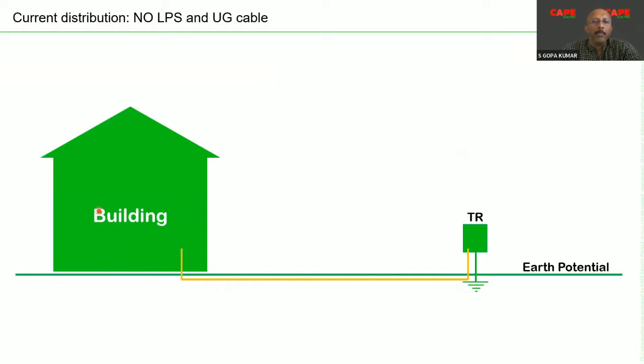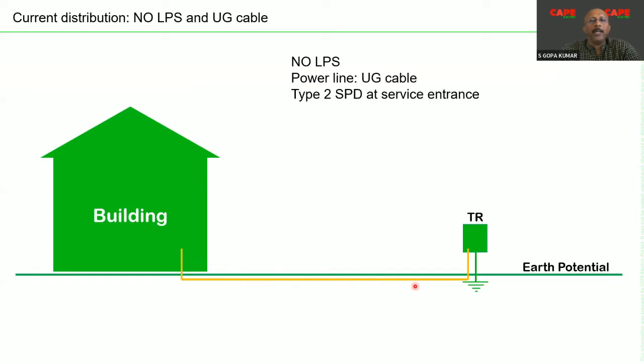No lightning protection for the building means the 50% of the current which would be diverted to the power line, we don't need to consider. No overhead line, or it is completely buried under the ground, means a direct lightning strike on the service is also not expected. Under this condition, a type 2 SPD at the service entrance is enough.